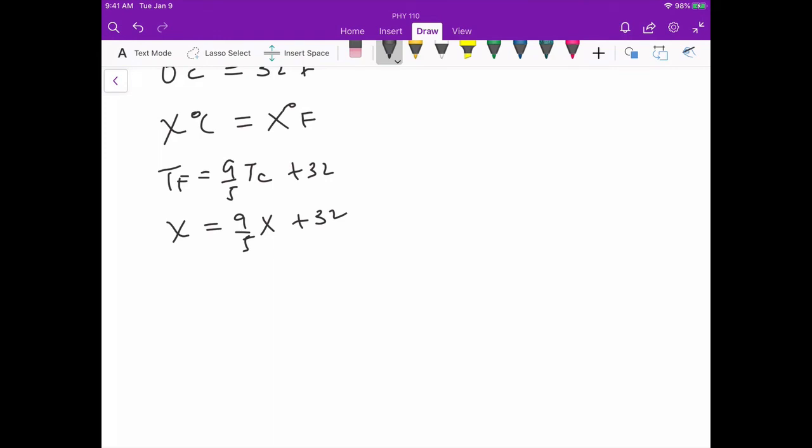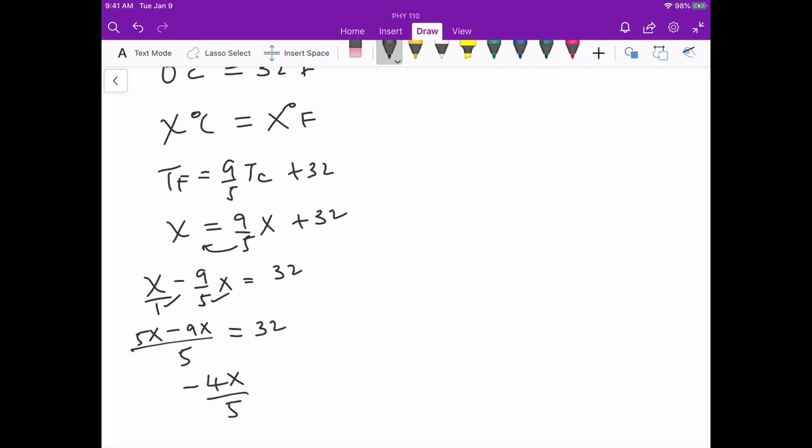You take this to the other side of the equation, then it will be minus. 9/5 x equals 32. So you can have a common denominator between 5 and 1. That will be 5. 5 divided by 1 is 5 times x, 5x. 5 divided by 5 one time, 1 times 9 is 9. So 5x minus 9x is negative 4x, divided by 5 equals 32.